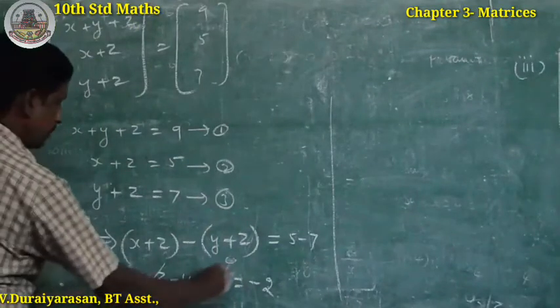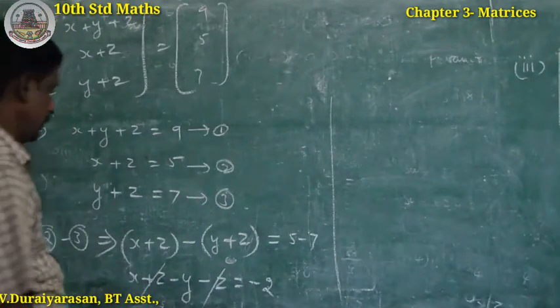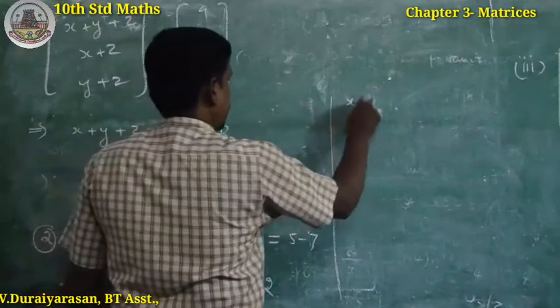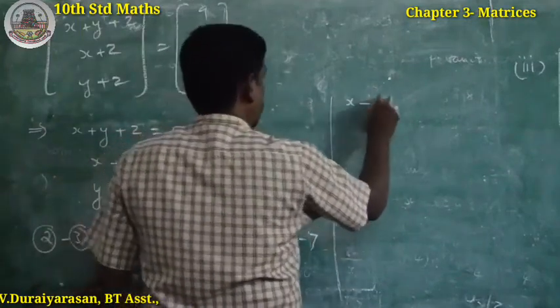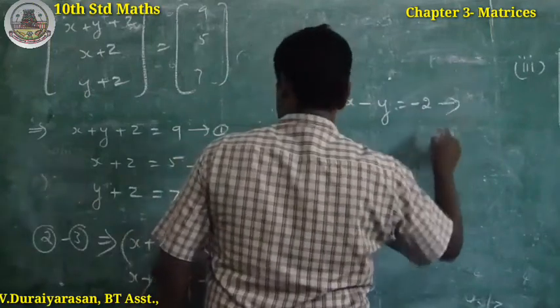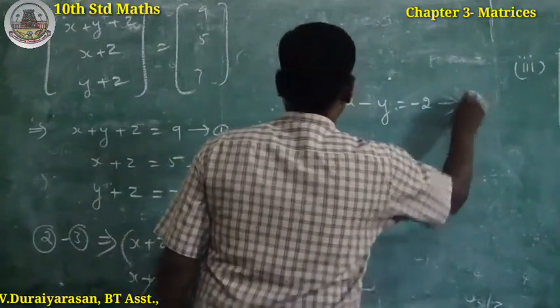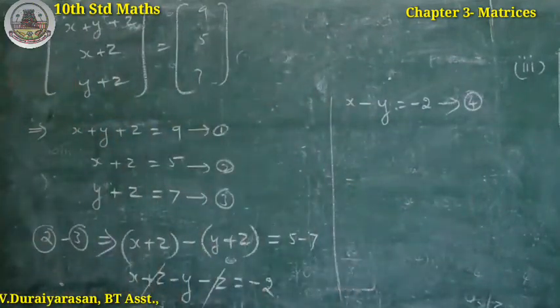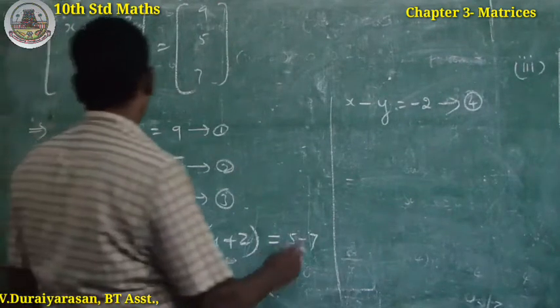So plus z minus z get cancelled. x minus y is equal to minus 2. Equation number 4. Right?